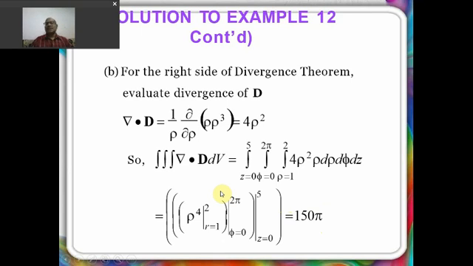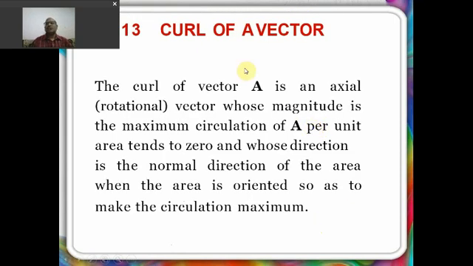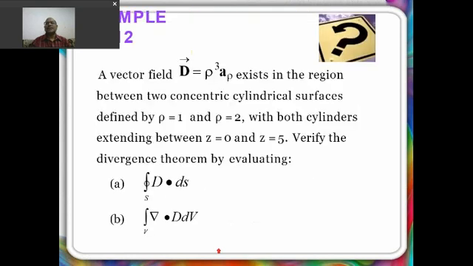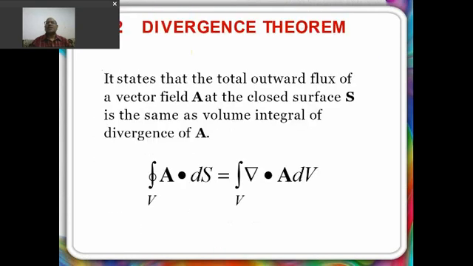So we can say that if we take the divergence over the complete volume, it will be equal to the outward flux through the closed surface under consideration. That is the divergence theorem, also known as the Gauss divergence theorem.